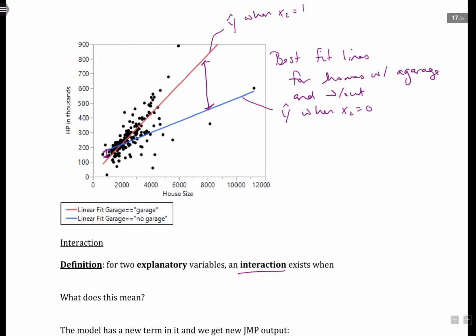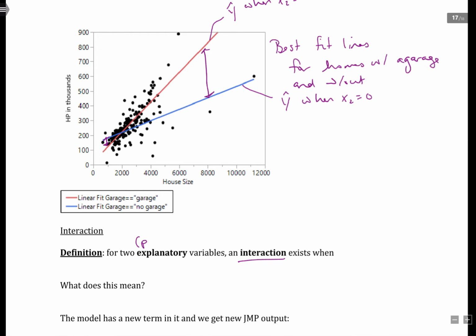So for two explanatory variables, or two predictor variables, or two different x terms, an interaction exists when the effect of one predictor on the response changes with the level of the other predictor.